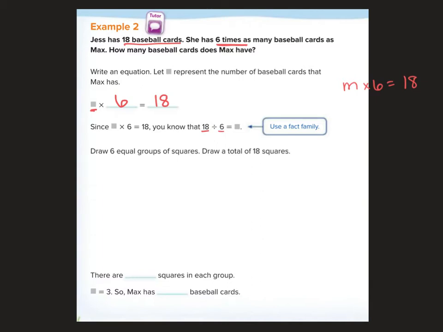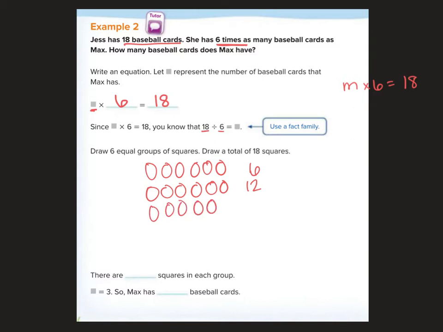So if I have 18 and I divide it into groups of 6, I'm going to go 1, 2, 3, 4, 5, 6, 7, 8, 9, 10, 11, 12. So one group of 6 is 6, 2 groups of 6 is 12, 13, 14, 15, 16, 17, 18. Now I have 18. So I have 3 on this side, and I have 6 on this side.